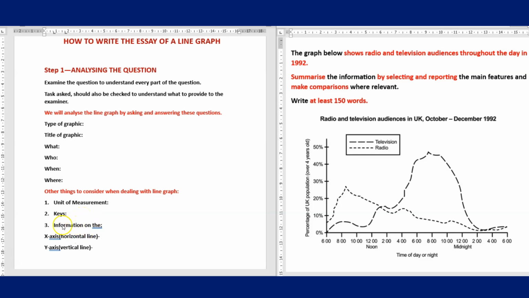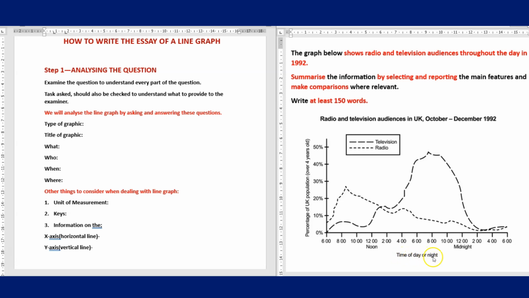We also check for the information on the x-axis and also the information on the y-axis. Okay, so the x-axis here is the one down here, which is the horizontal line. The information on the x-axis shows the time of day or night.